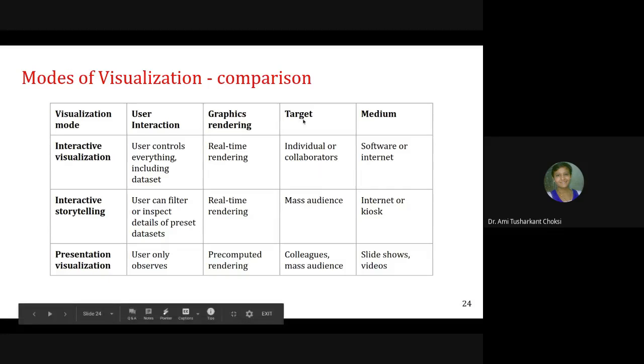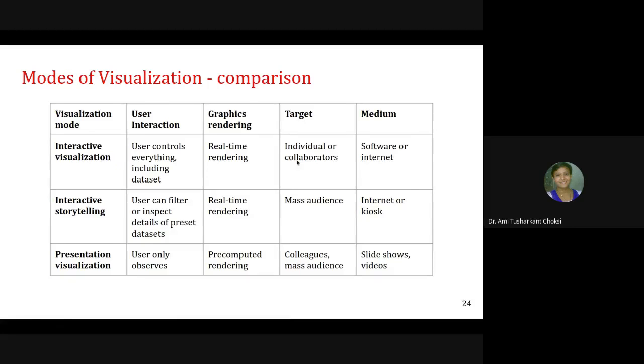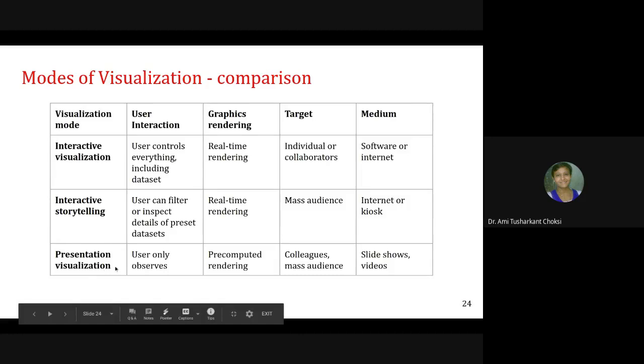What about the target? That is individual or collaborators for interactive visualization. For storytelling, we can say mass audience. And for presentation visualization, the target is colleagues or mass audience.